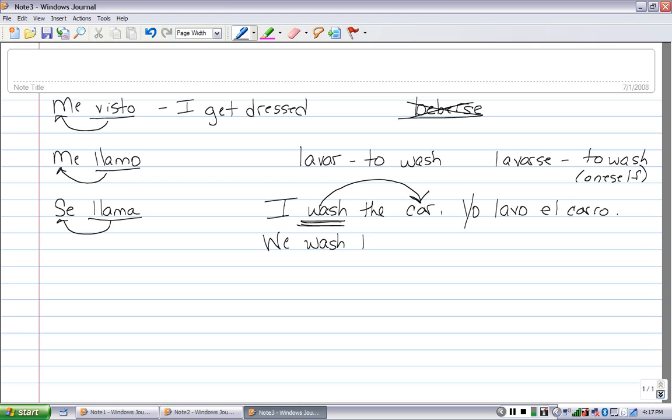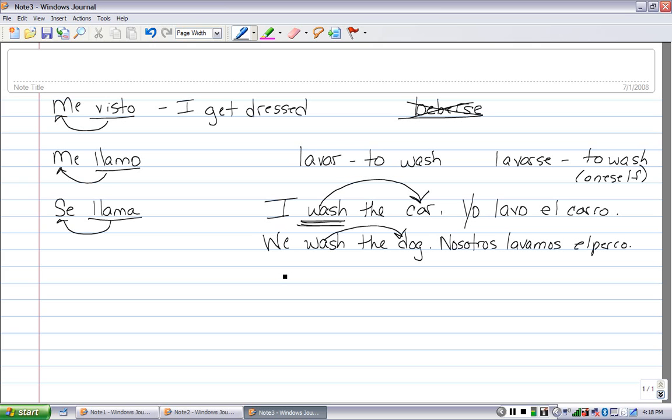If you say, we wash the dog, the action of the verb wash is going to the dog. So that's not going to be reflexive. So that one would be nosotros lavamos el perro.